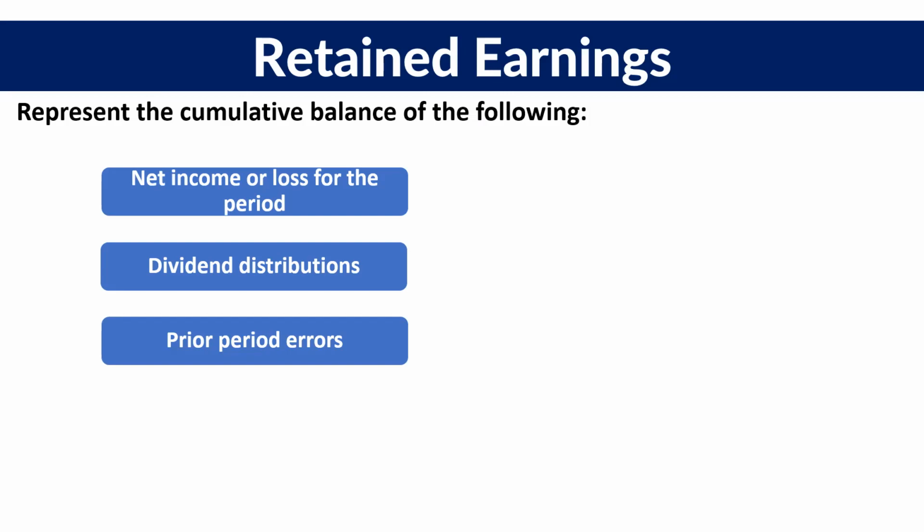Kasi pag i-include mo doon sa current year operation, for example, hindi nakapag-depreciate ng fixed asset yung entity in the prior periods. If you're going to recognize the depreciation in the current year when you discover the error, ang mangyayari ay ma-overstate yung depreciation for the period.